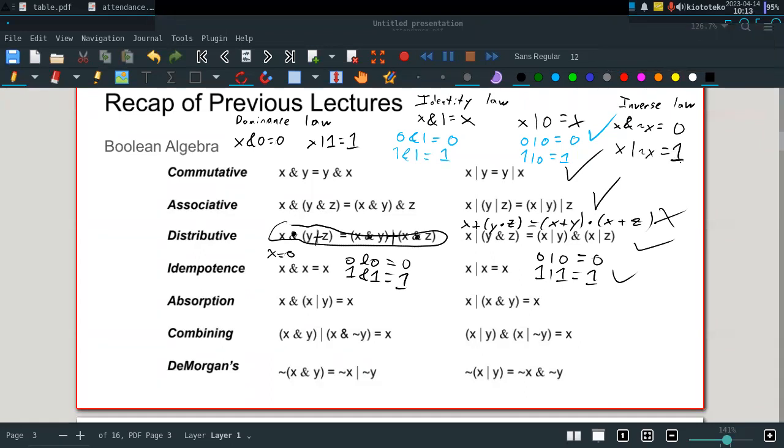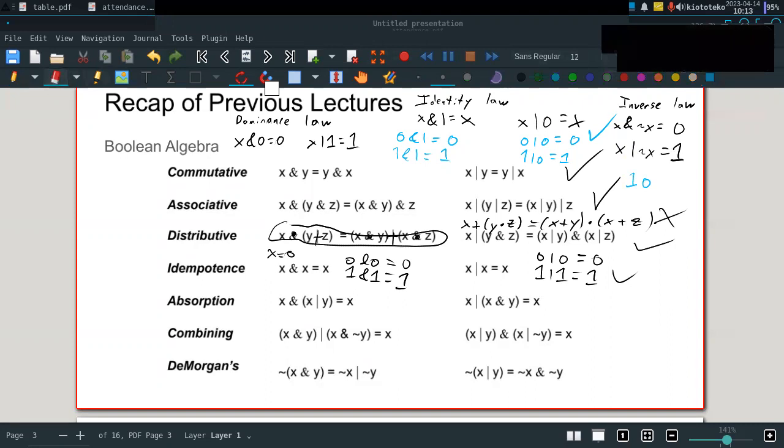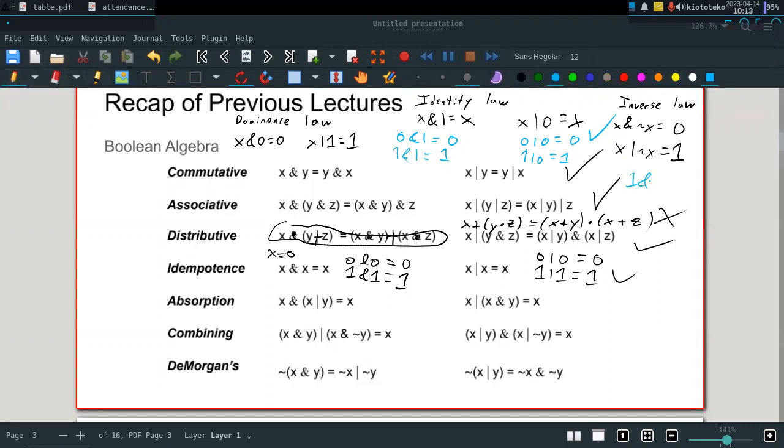Does this make sense? And what happens if we have different values in an AND? What happens if we have 1 and 0 in an AND, which one prevails? 0, no? Because we can go back to the dominance law. If there's a 0 with an AND, it's always 0. And it doesn't matter if it's 0, 1 or 1, 0.